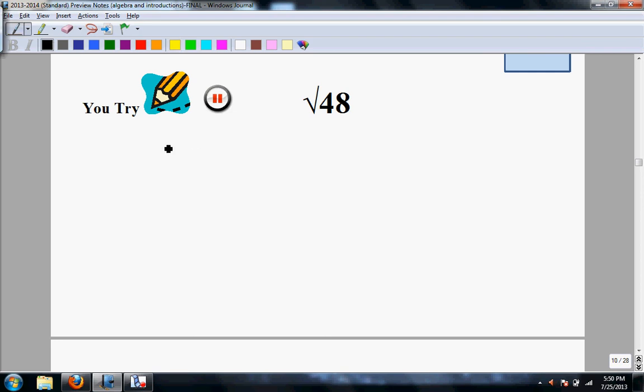Okay, welcome back. I'm going to show you both methods, root 48 and root 48. I'm going to prime factor on the left. If it's even, I just like to use 2 all the way down. So I have 2 and 24, 2 and 12, 2 and 6, 2 and 3. Now I look for my couples.